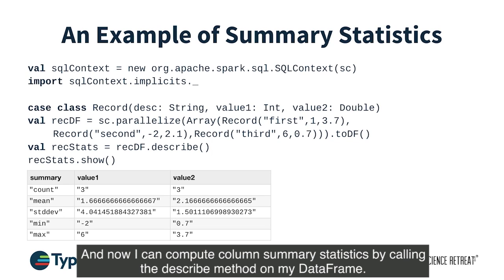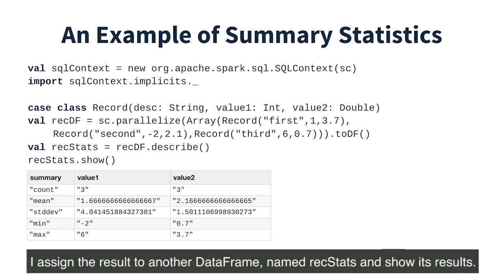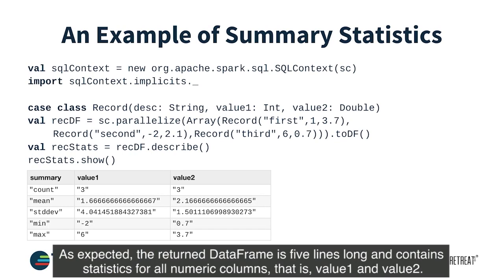And now I can compute column summary statistics by calling the describe method on my data frame. I assign the result to another data frame named recstats and show its results. And as expected, the returned data frame is 5 lines long and contains statistics for all numeric columns, that is, value 1 and value 2.